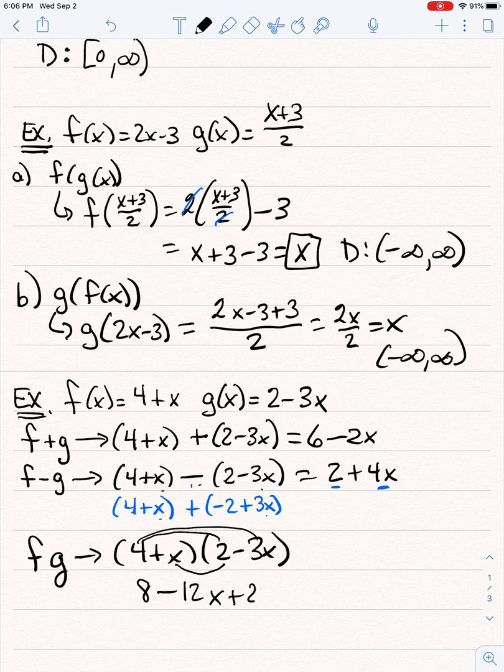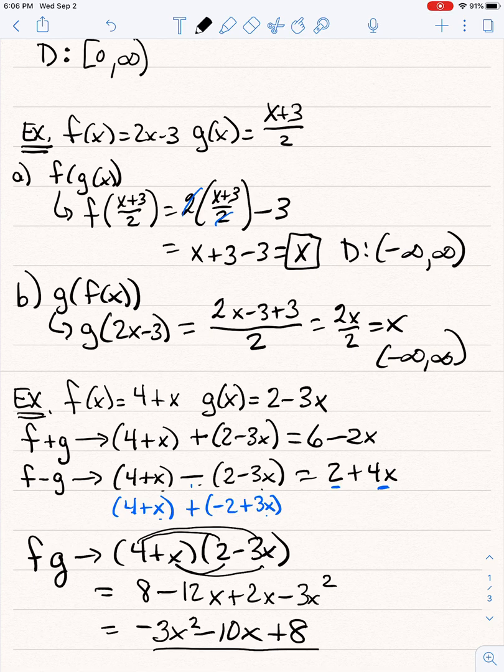In the middle there is a 2x, and then x times negative 3x is negative 3x squared. Combining like terms, in descending order: negative 3x squared, the middle condenses to minus 10x, and then plus 8. That will end up our product of functions.